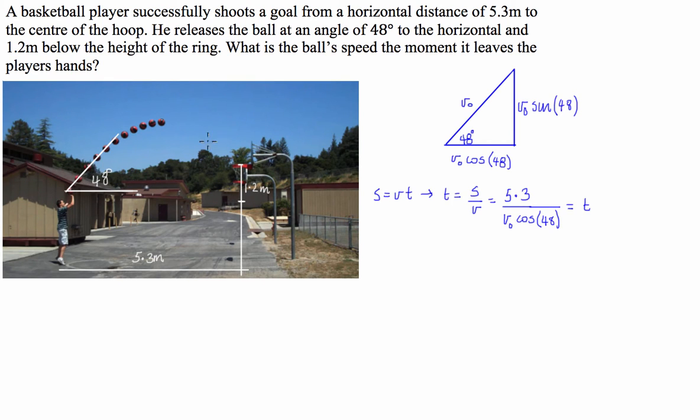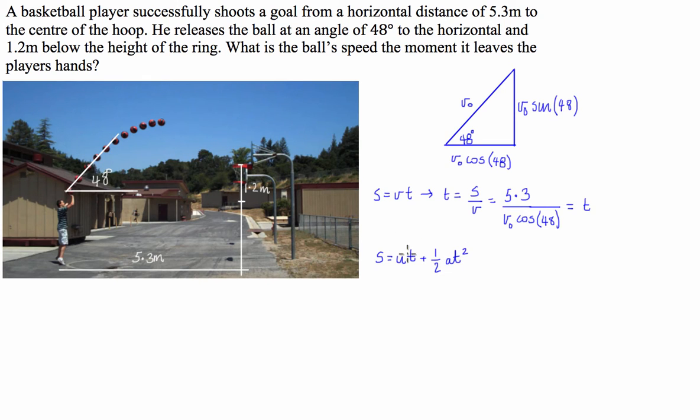Now we're going to need to come up with some relationship between the vertical displacement of the projectile and the launch velocity. So what is our final vertical displacement? Well, it's 1.2 meters. It goes up and then comes back down, and we land it at 1.2 meters above where we shot it from. So we know that the displacement is 1.2. We're going to use one of our general equations of motion, which is S equals ut plus 1/2 at squared.